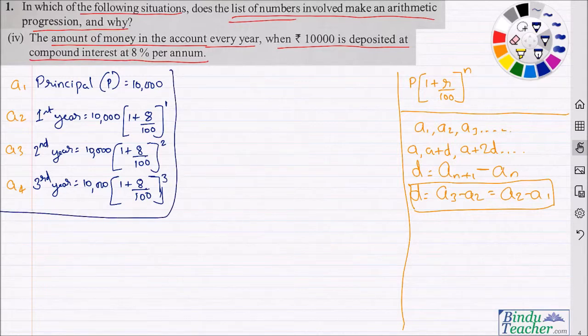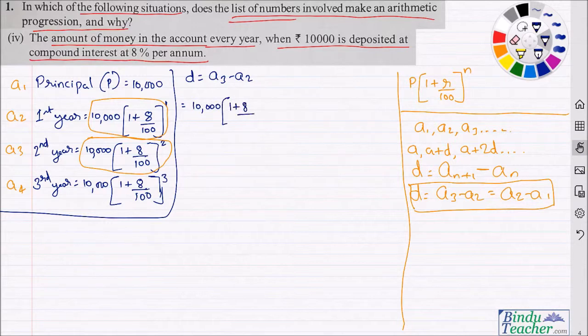So first we will calculate D equal to A3 minus A2. So we have the value of A3 right here, and we have the value of A2 here. Okay, so first I'll write A3. I'll say 10,000 into (1 plus 8 by 100) square minus A2.